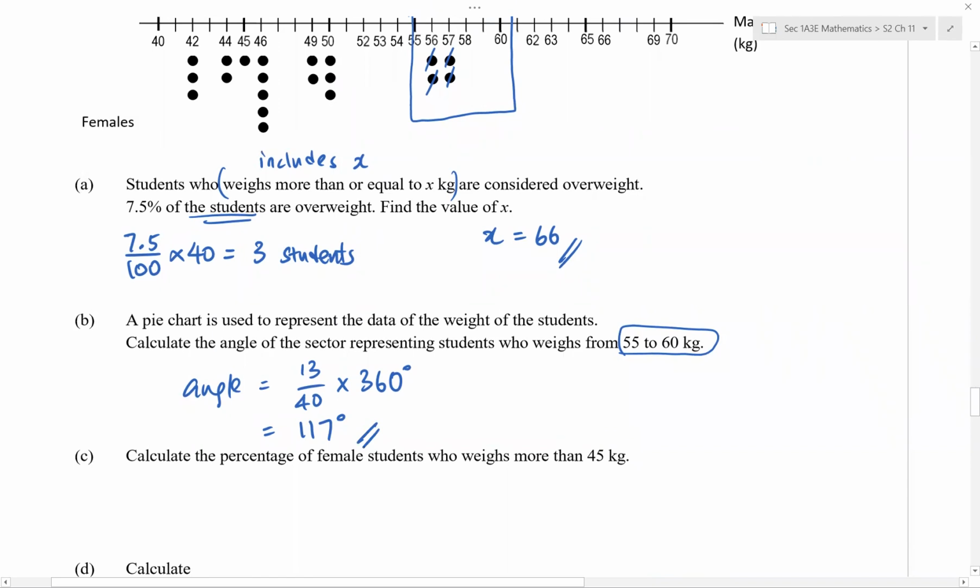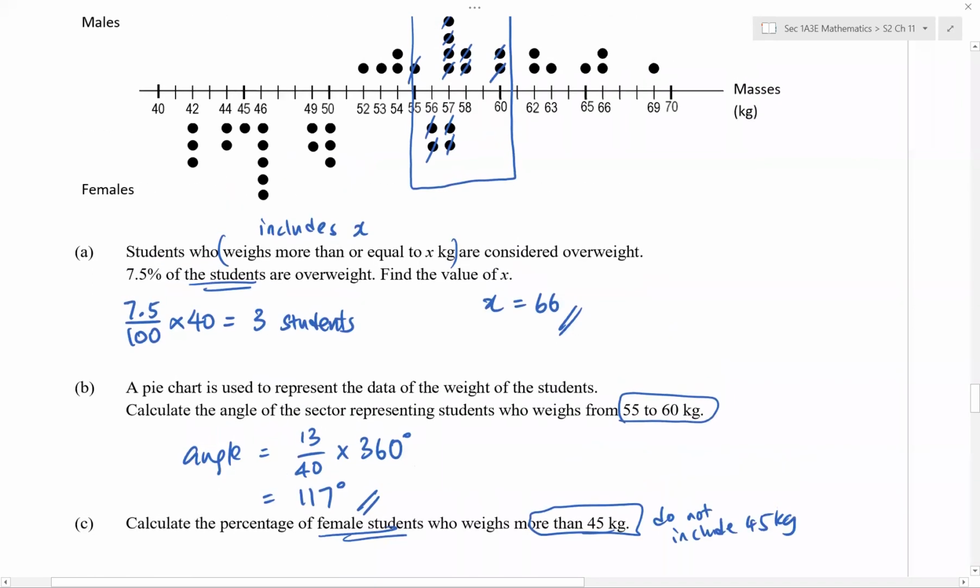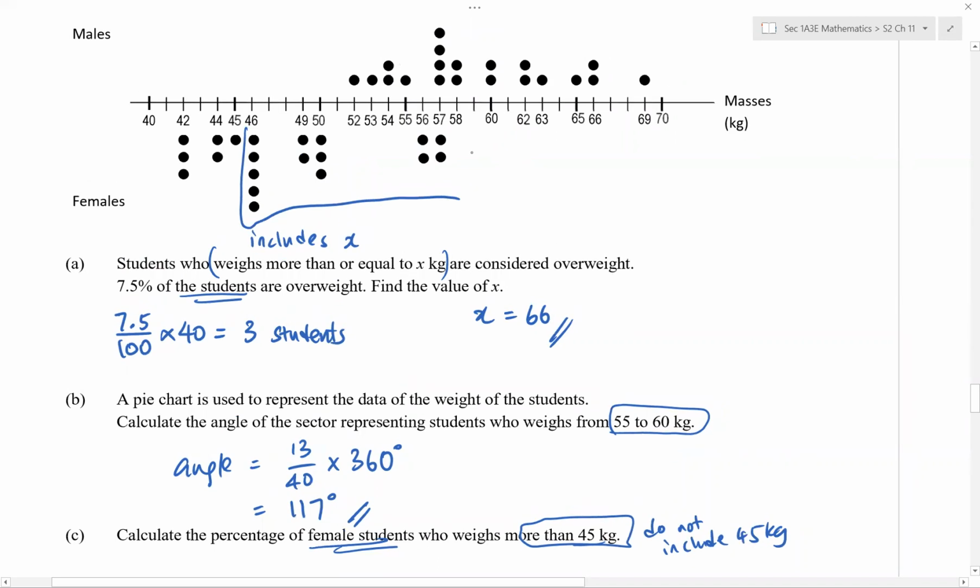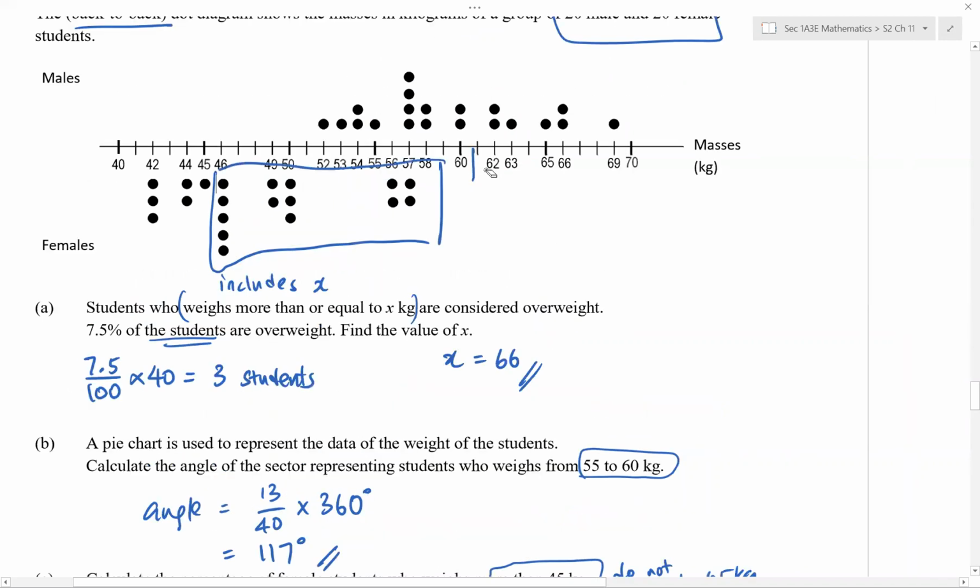Now part C, percentage of female, just the female students who weigh more than 45. So we do not include 45 kg. Let's identify these students first. Female, more than 45. So these are the ones.